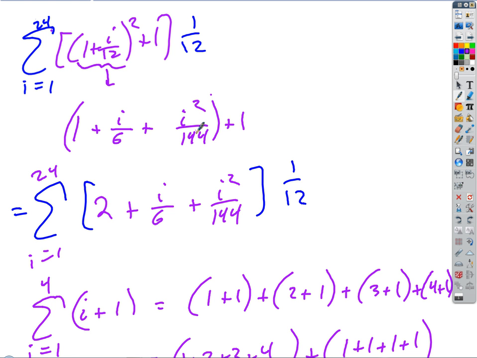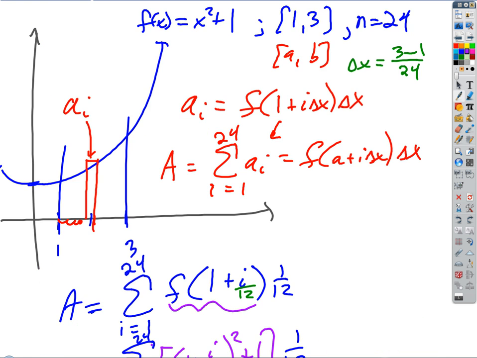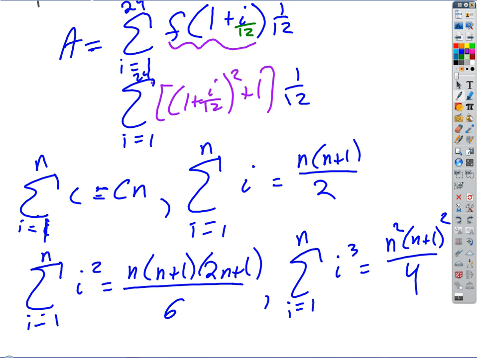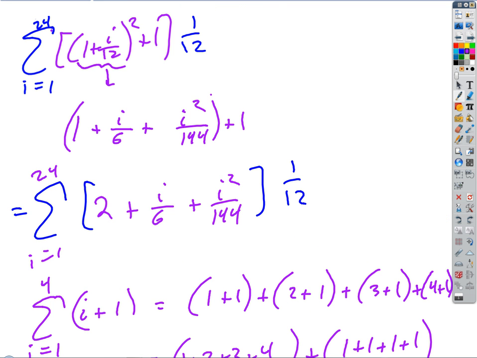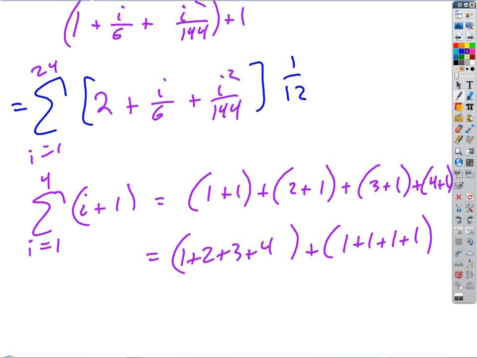We FOILed it out, added 1 to the constant, and now we're going to add all those up, relying on the 4 summation formulas I gave you, which are in your book. We'll use those to get answers via sigma notation, writing our summation in ways that these sums pop out. And where we left off was right here.